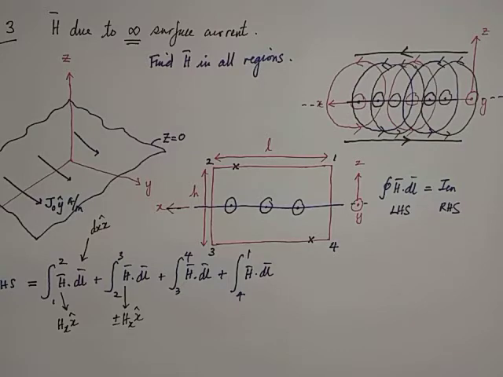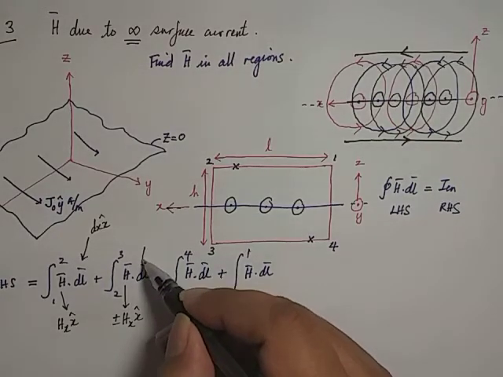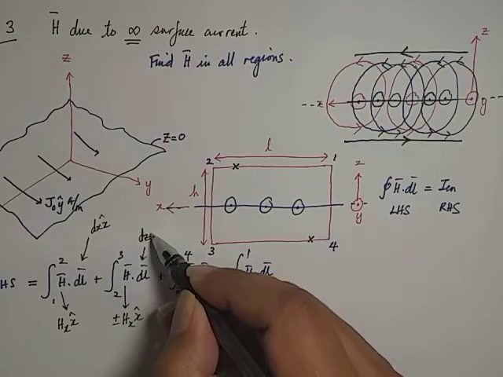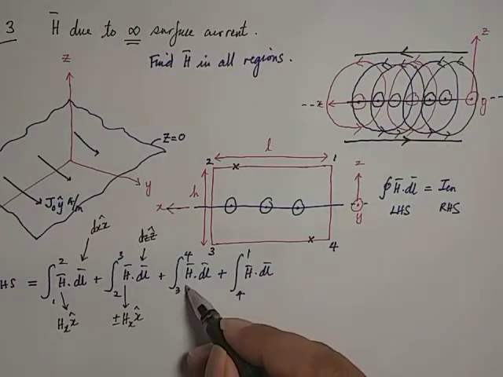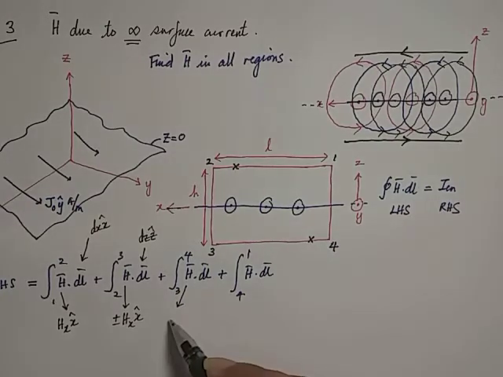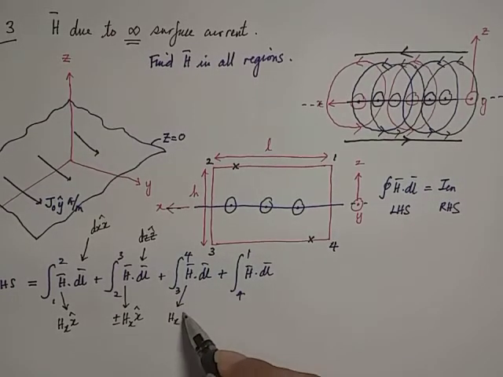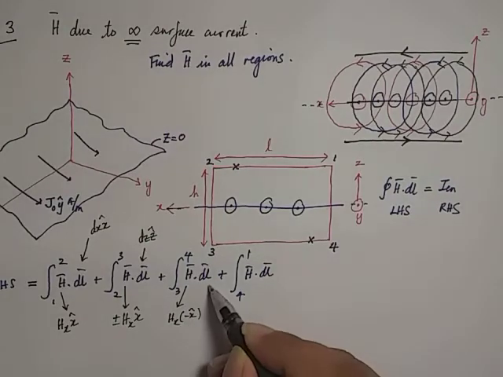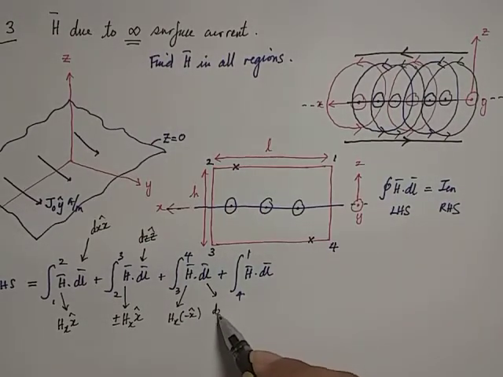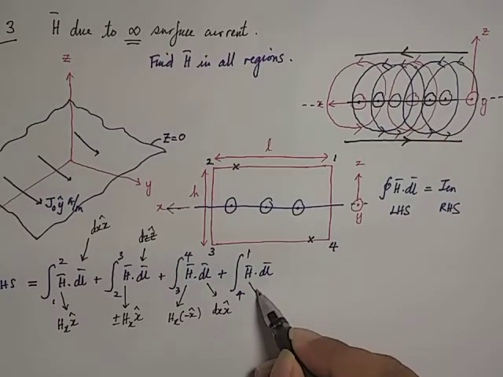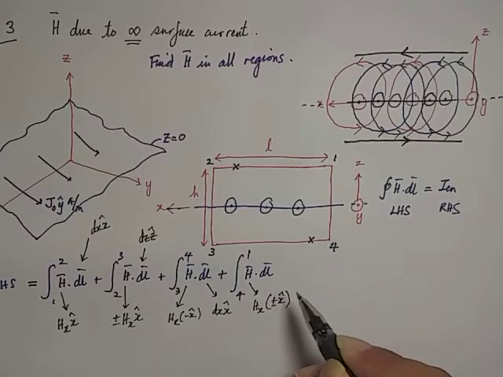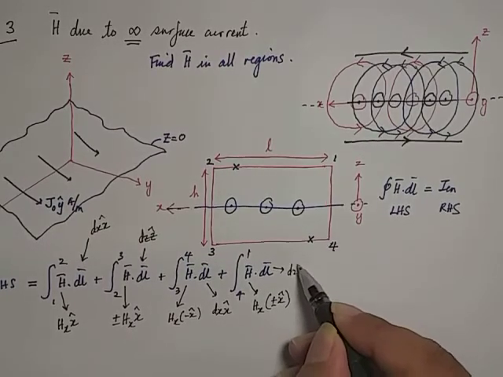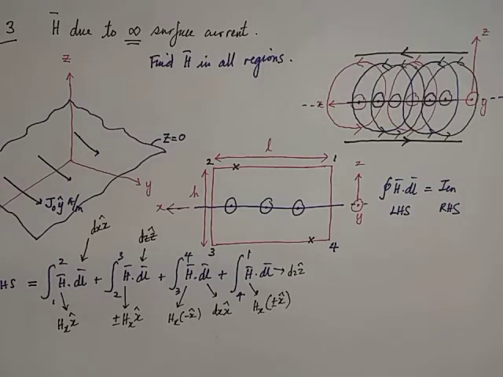And for the dl here it should be dz in z direction, because of this axis. Let's continue. For this H, bottom region, you can see now Hx in negative x direction. My dl now I'm going to choose dx in x direction. And for this one, similarly Hx plus minus x direction, and this dl should be dz in z direction. So that's done. Let's now solve the mathematics.